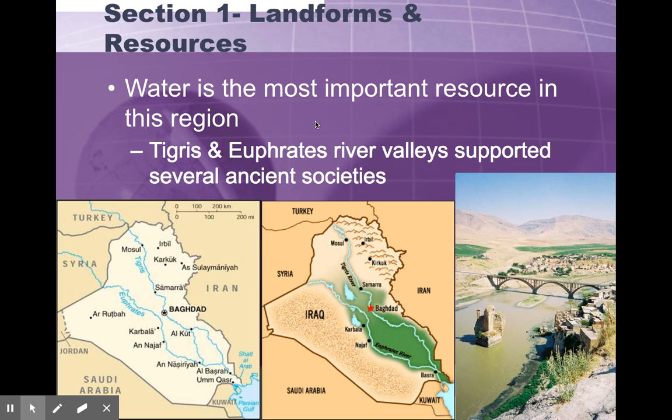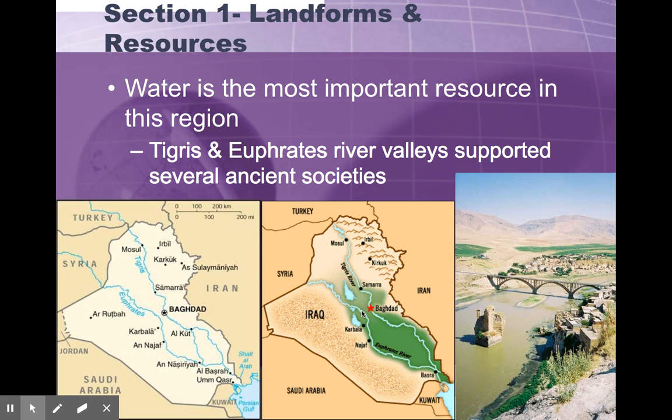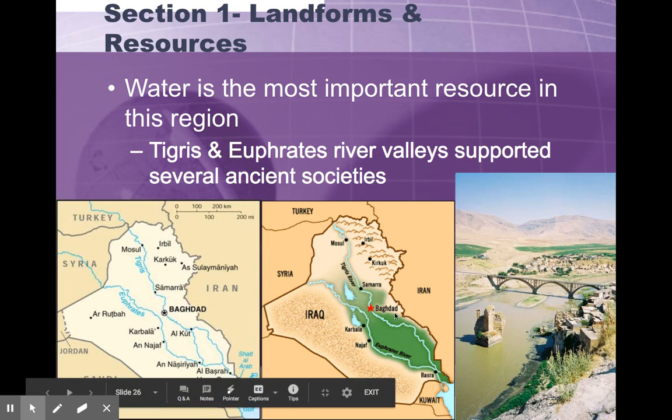The Tigris and Euphrates river valleys have supported a lot of ancient civilizations, some of the first civilizations in the world. If you believe what the Bible says, the Garden of Eden talks about the Tigris and the Euphrates rivers running through the Garden of Eden. So the Bible story would say that the Garden of Eden probably was somewhere here in modern day Iraq.